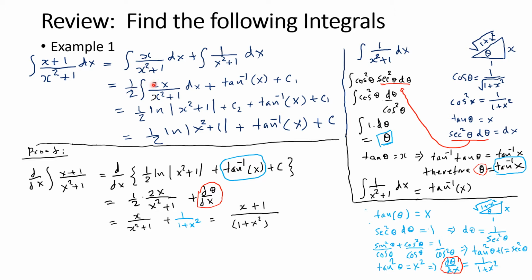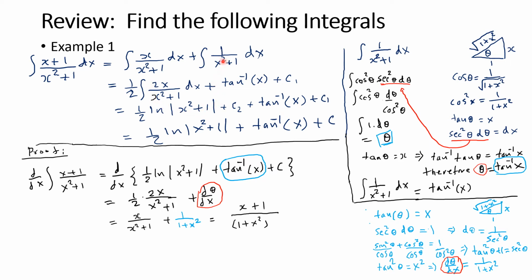So now the numerator is the derivative of the denominator. Then we could apply ln, and this is what we do over here: 1 over 2, and then ln of x squared plus 1. That's the integration of the first part.